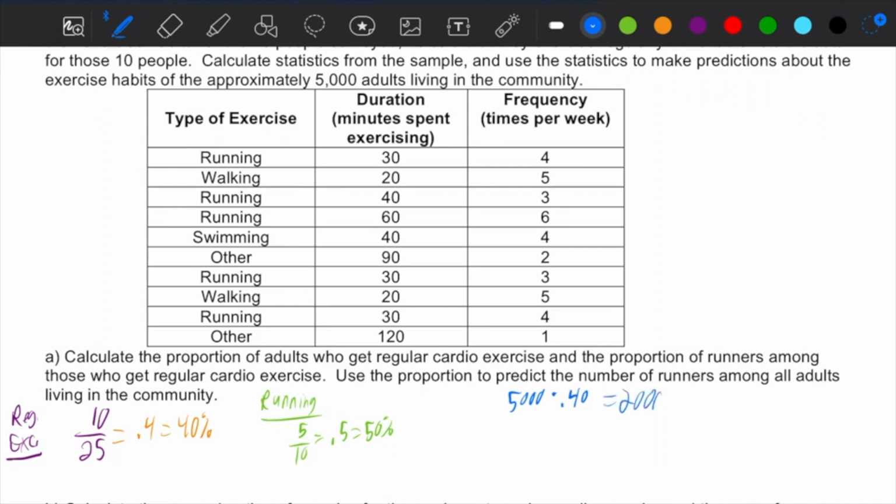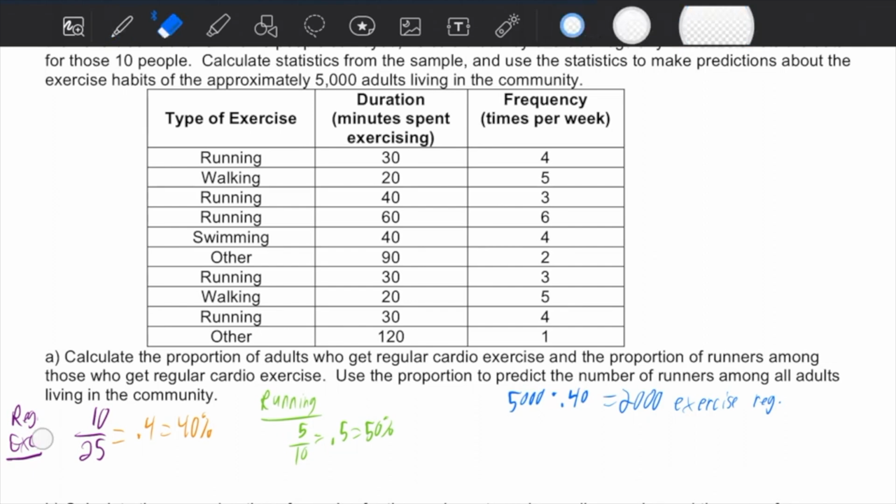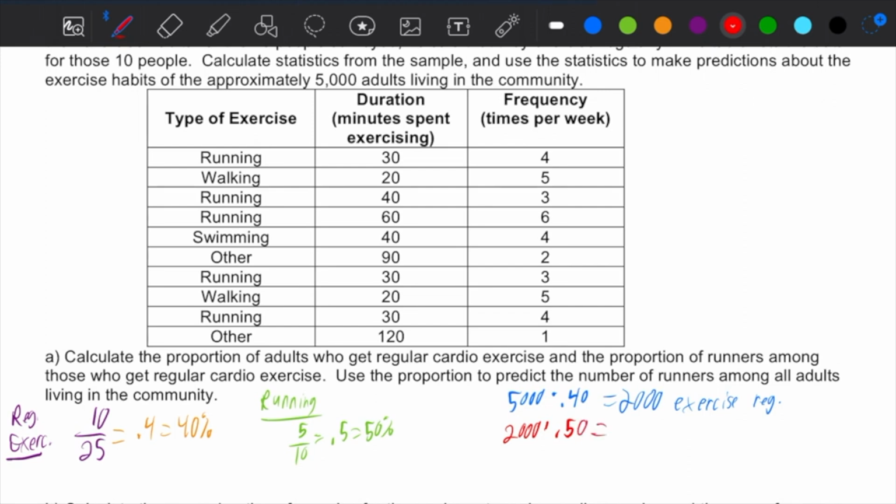That gives us 2,000 that exercise regularly. Also, I don't know why I abbreviated exercise EXC earlier. Now of those 2,000, half of them, or 50%, 0.5, are runners. So it would be 1,000 people that would run regularly.